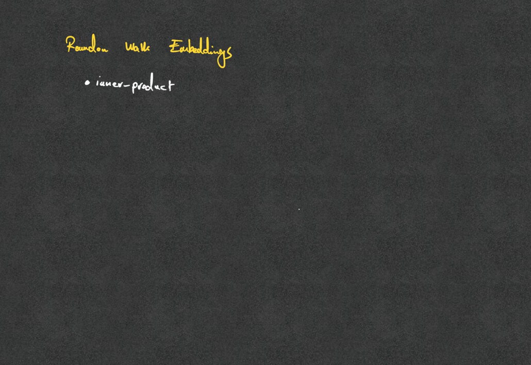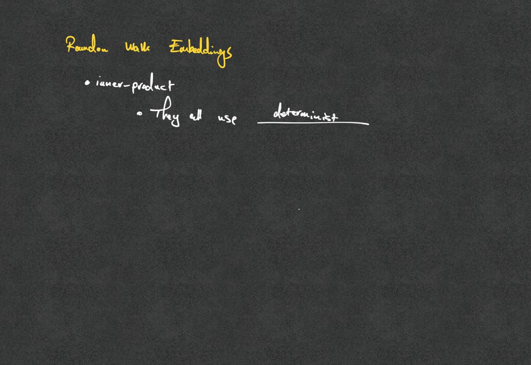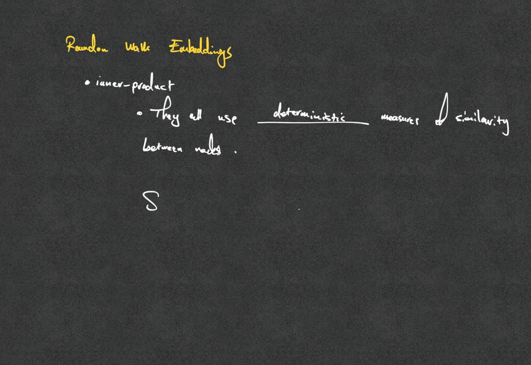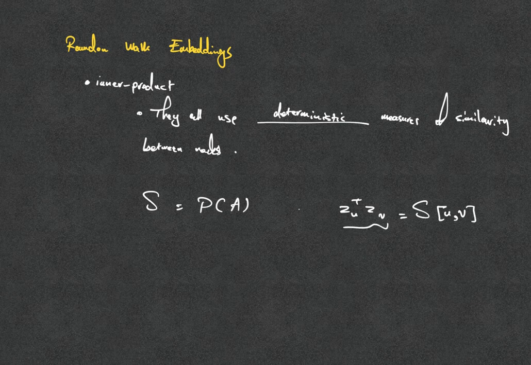And one key thing about those methods is that they all use deterministic measures of similarity between the nodes. Meaning that in this approach, S is going to be some sort of a polynomial function of the adjacency matrix, and then we want to have some sort of decoded version of them, for example the inner product, approximating the assigned similarity value between the two nodes.